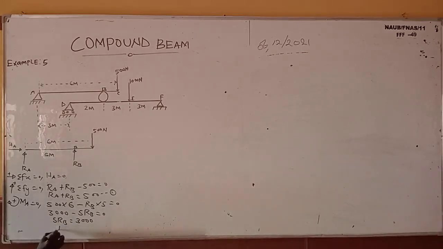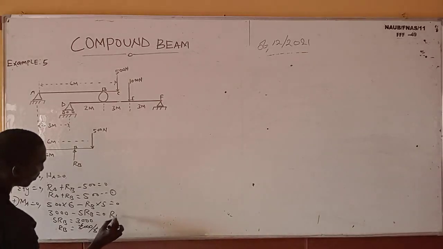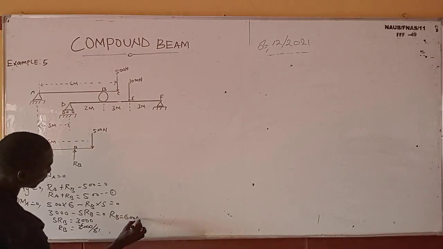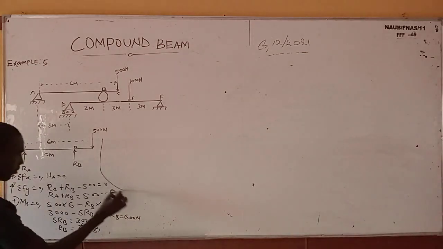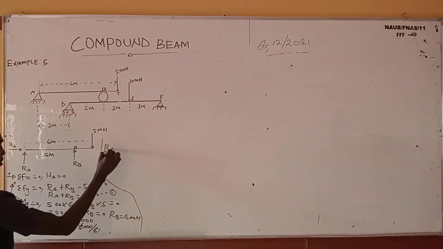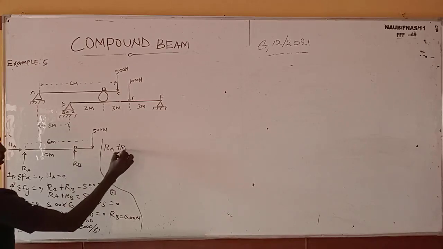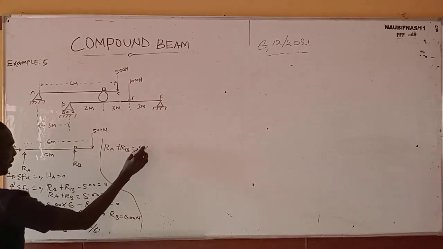Now arrow B will be equals to 3000 over 5. And 5 in 30 is 6. So arrow B is equals to 600 Newton. You get that? So now, can I get my arrow A? Yes, I can. Arrow A plus arrow B equals 500.